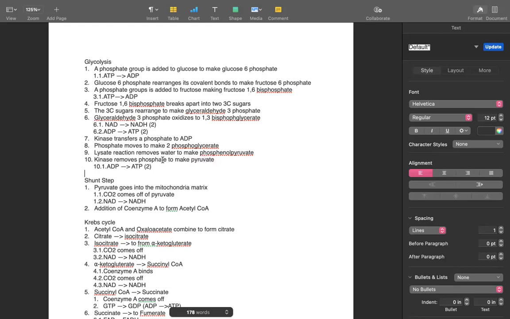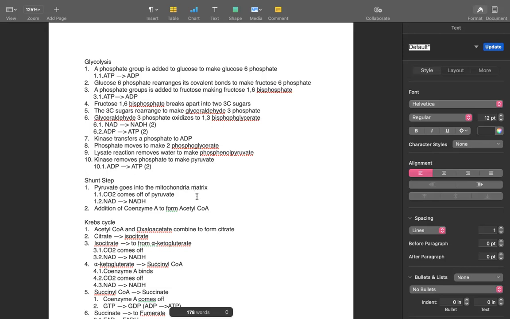So now we're taking this pyruvate from glycolysis and putting it into the shunt step. Again, remember glycolysis occurs inside the cytoplasm or the cytosol, and the shunt step is now going to bring that pyruvate from the cytosol into the mitochondria.